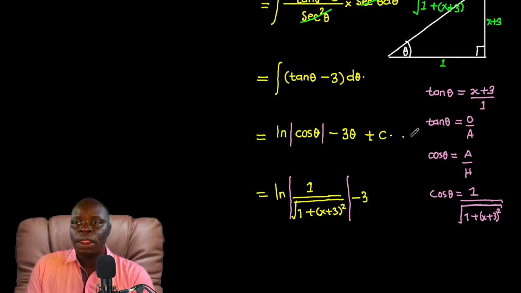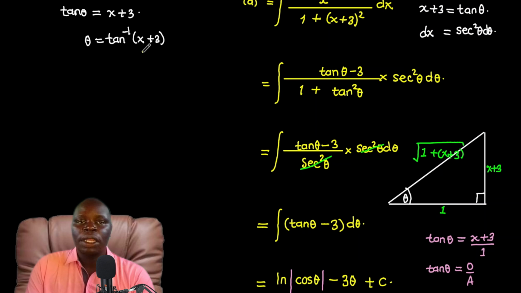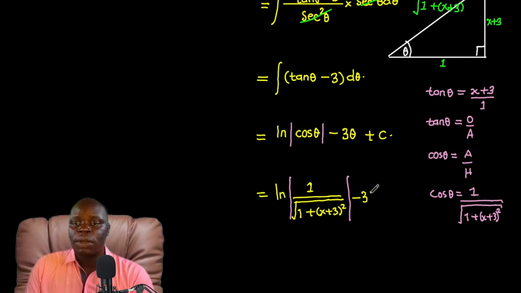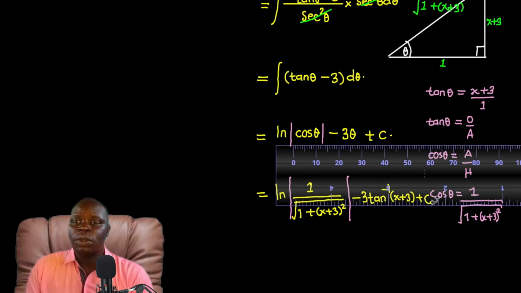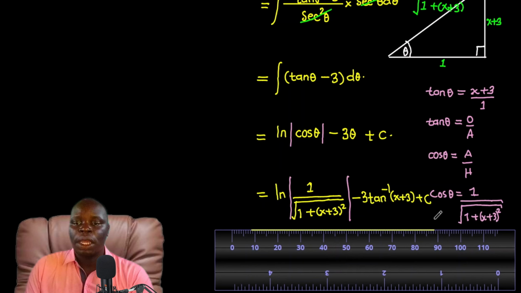So theta is what we had earlier on here, that is tan inverse of x plus 3. So let's insert here, and we say tan inverse of x plus 3 plus our constant of integration, and that is the solution for part A of this question here.